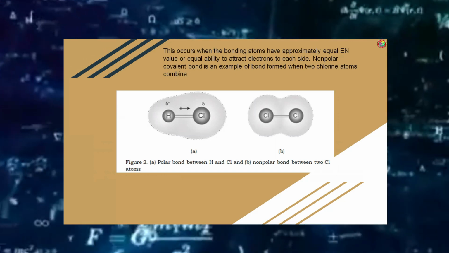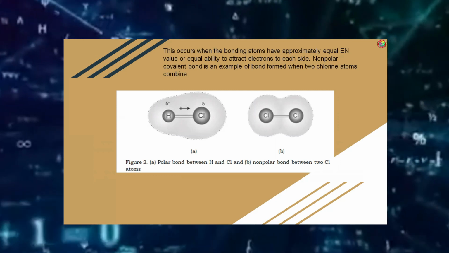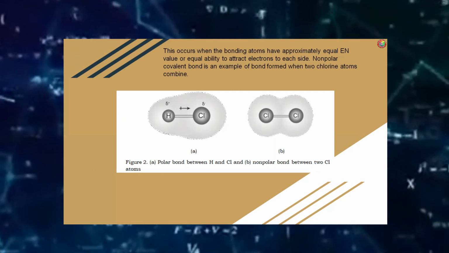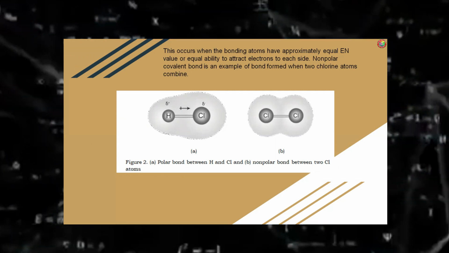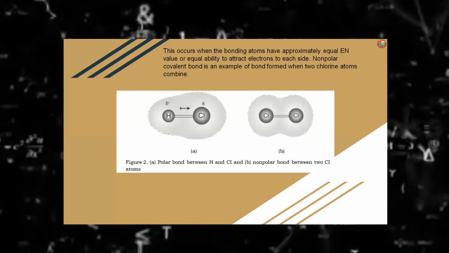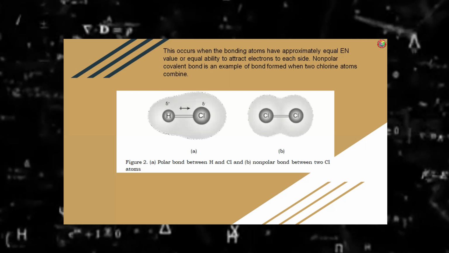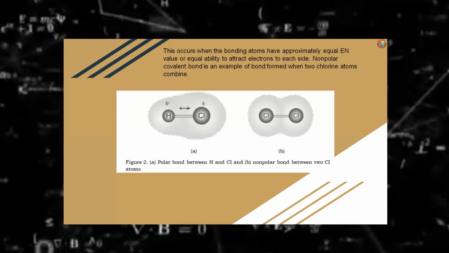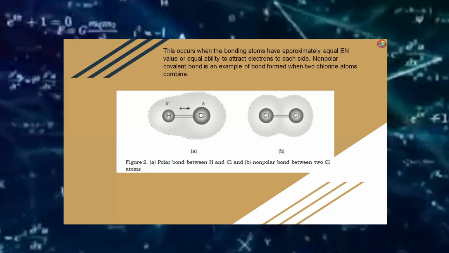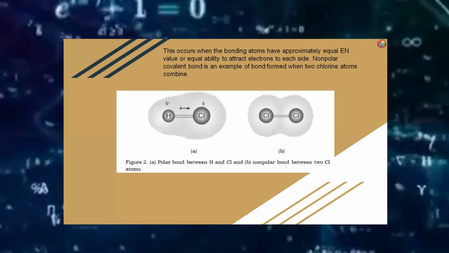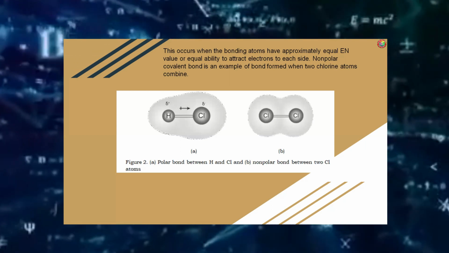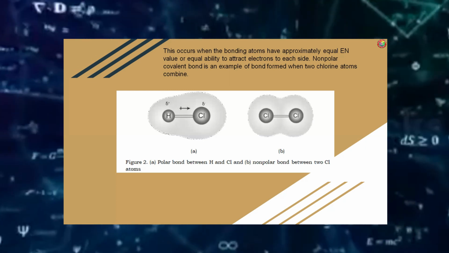For letter A, chlorine is more electronegative than hydrogen. Hence, the polar arrow is directed towards chlorine and the bonding electrons are pulled more strongly towards chlorine. Now for letter B, we have chlorine and chlorine.